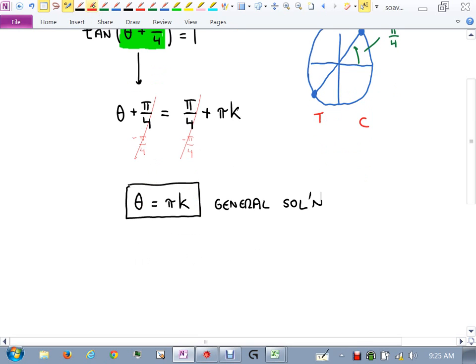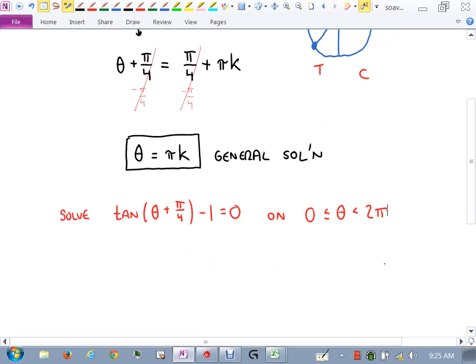So if I now say solve the same equation on the interval 0 less than or equal to theta less than 2 pi, then you start plugging in values of k. So if k is 0, what do we have? Theta is what? If k is 0, theta is 0.